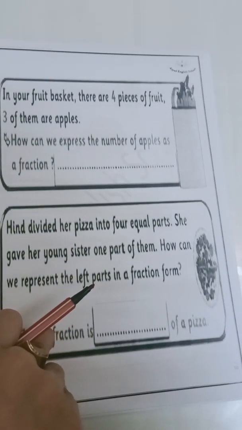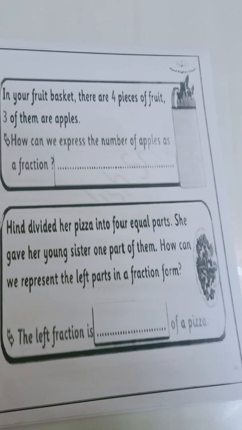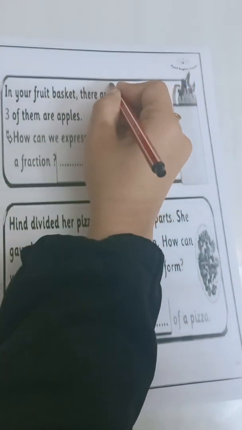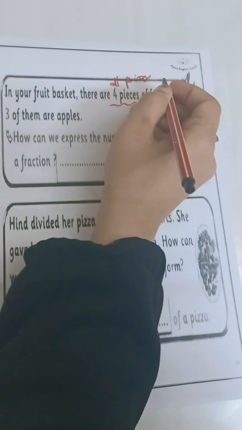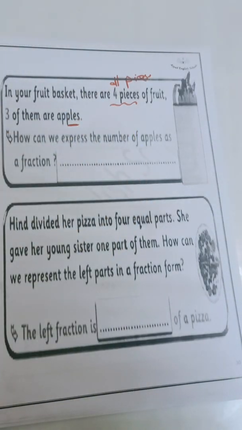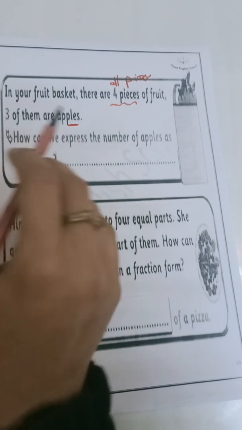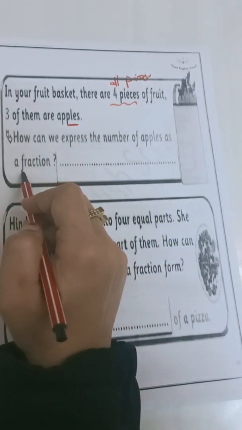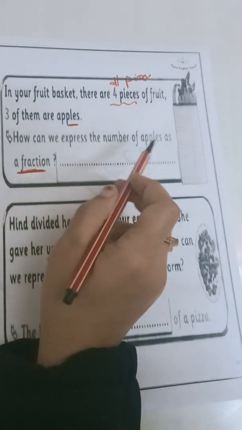In your fruit basket there are 4 pieces. So all pieces equal 4. Write all pieces. Okay, of fruit. 3 of them are apples. Okay, express the number of apples as a fraction.